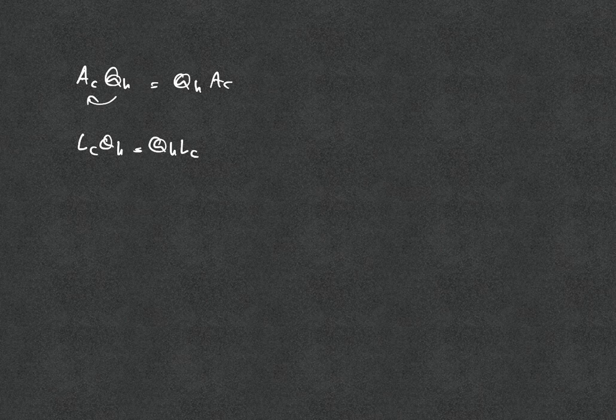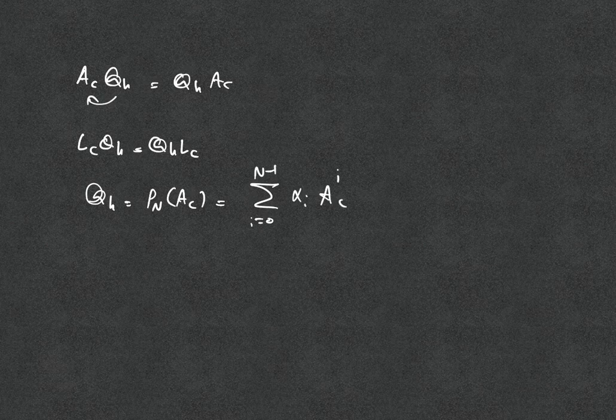And it can be shown that a Q_H that satisfies these properties can be defined as a polynomial of the adjacency matrix, meaning that for 0 to n-1 you have a coefficient and you have a certain power of the adjacency matrix involved. And you can think about it also as a polynomial function of the shift operator.